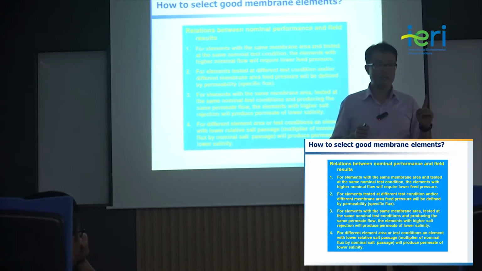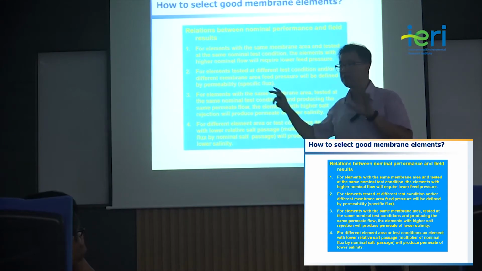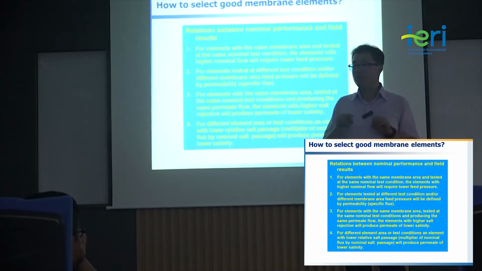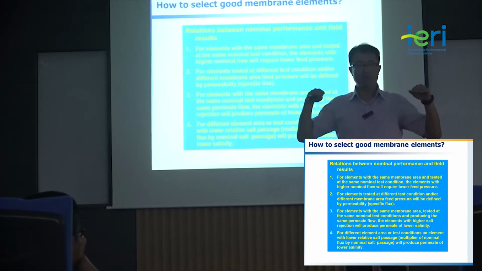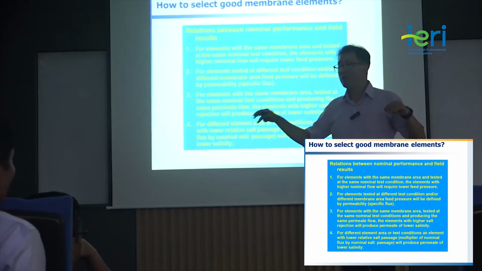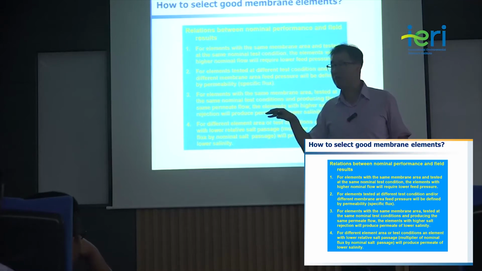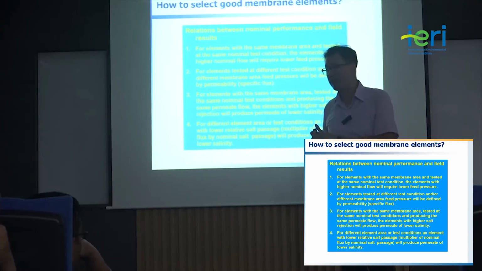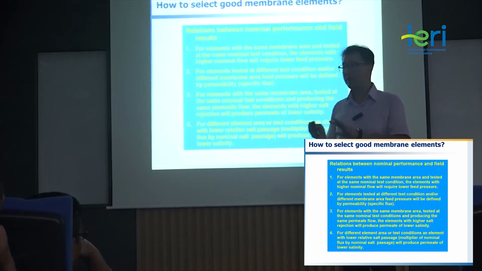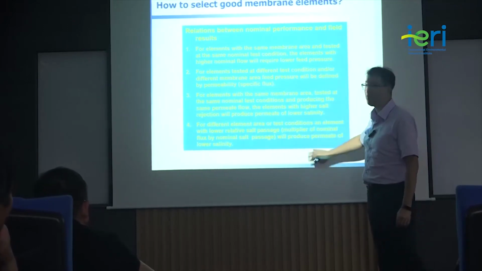So if one company tested their membrane at 50 bar, and another company tested their membrane at 60 bar, and if we assume the membrane performance is the same, the test with the higher pressure, like 60 bar, shows better water quality. So you should not be fooled by that kind of condition. So please read these four very carefully.